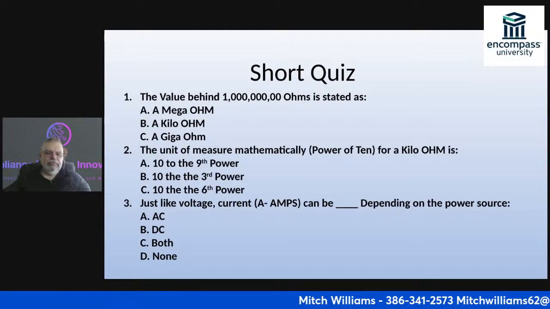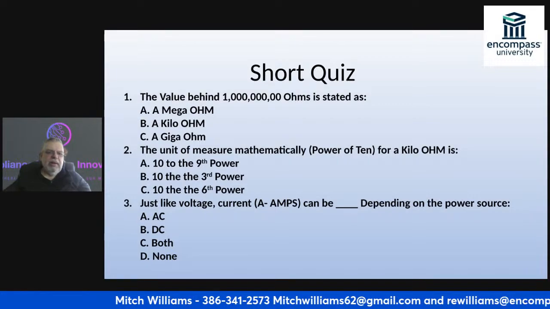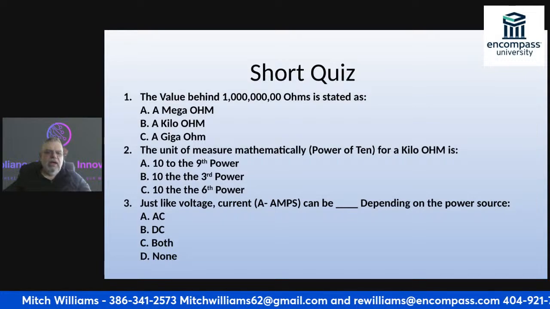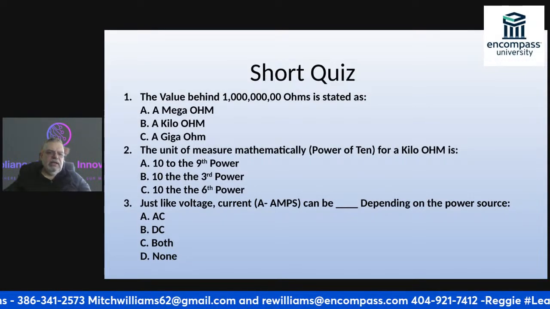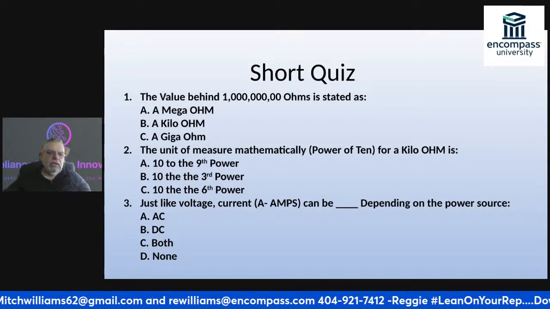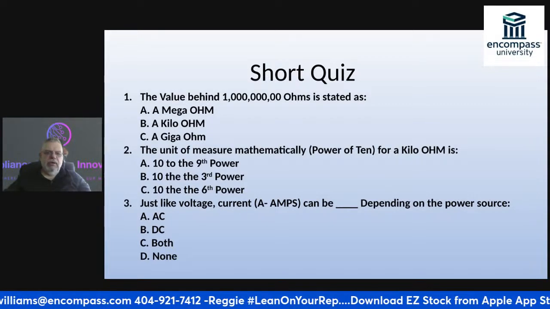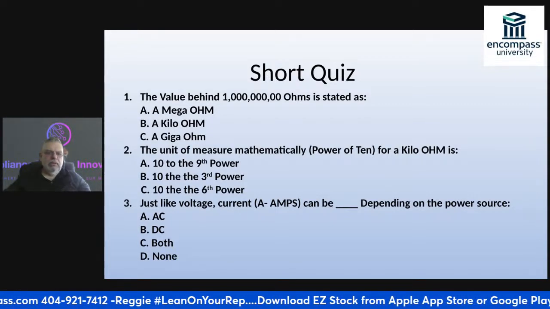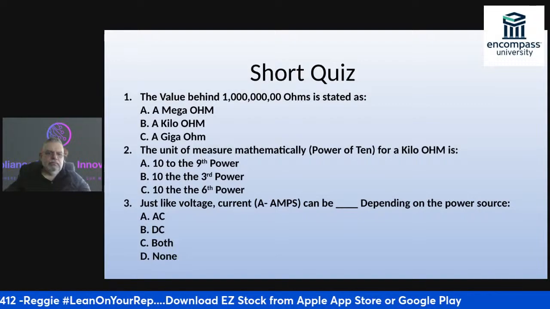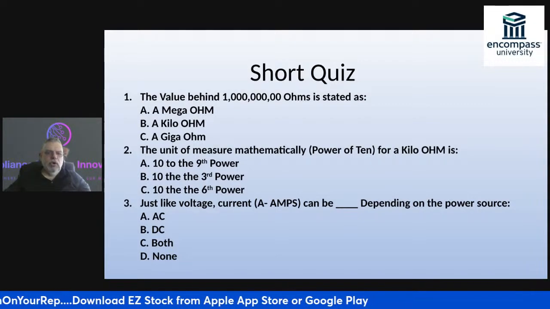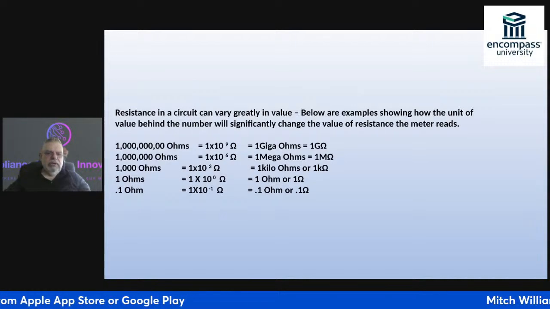It's a giga ohm. Okay, the unit of measure mathematically for a kilo ohm is what? 10 to the ninth power, 10 to the third power, or 10 to the sixth power? For a kilo ohm, what is it? There it is right there.